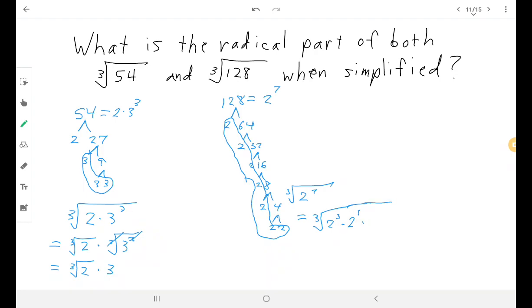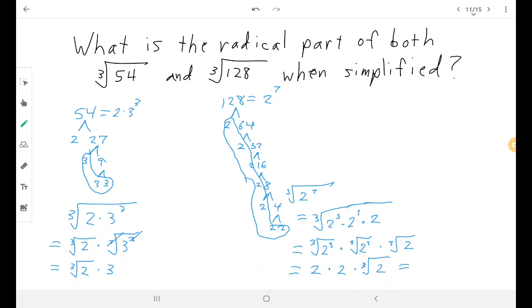That's 6 of them, and so for the 7th I'll just leave a 2, which is the cube root of 2 cubed times the cube root of 2 cubed times the cube root of 2, which gives me the cube root and the cube cancel each other, give me 2, cube root and the cube cancel each other, give me 2, and times the cube root of 2.